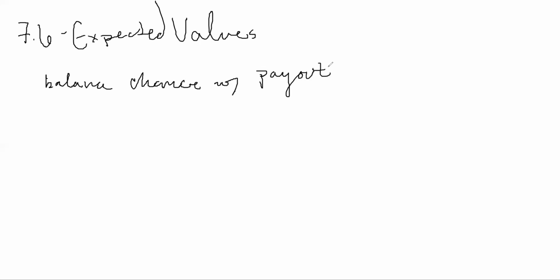And so the definition of the expected value is equal to m1 times p1 plus m2 times p2 plus m3 times p3, where m is going to be the payout or payoff, and p is going to be the probability.